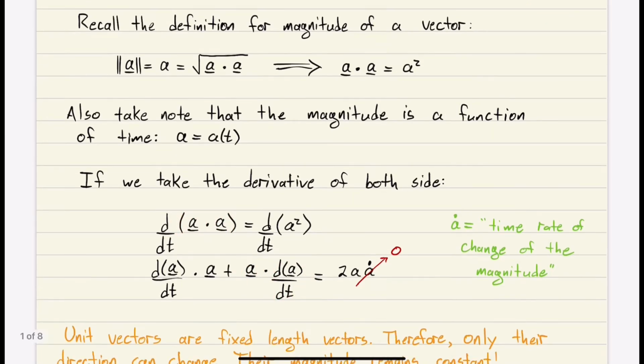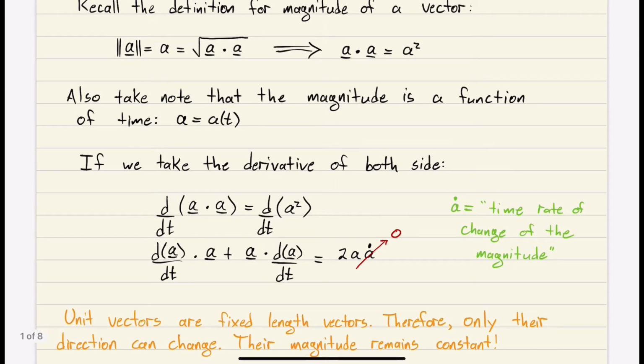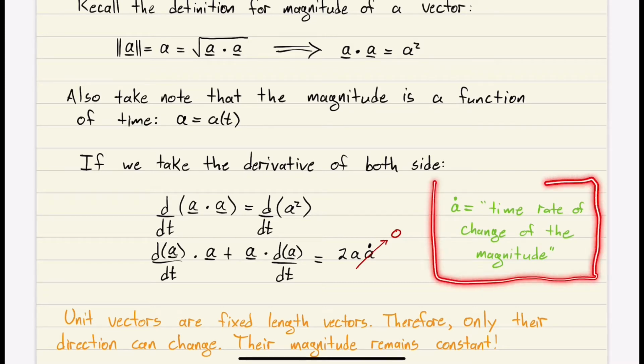Nothing special there, just the product rule. Here we're going to apply our chain rule, so we bring down the 2 times the inside, times the derivative of the inside, which is a dot. So 2a a dot. Keep in mind that a dot is the time rate of change of the magnitude of the vector.